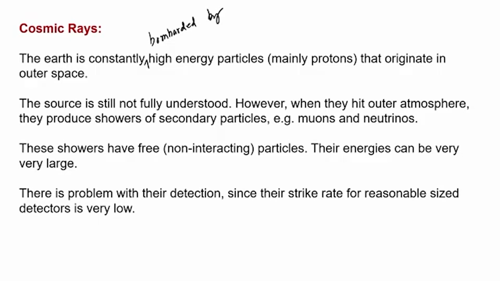The source of this is not fully understood, but when they hit the outer atmosphere, they produce showers of secondary particles, which are muons and neutrinos and so on, and we will introduce them as we go along. These showers also have free, non-interacting particles, whose energies can be very, very large.